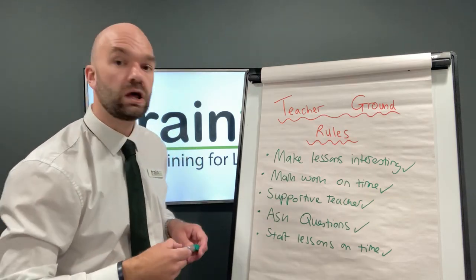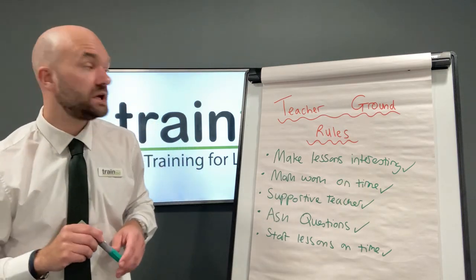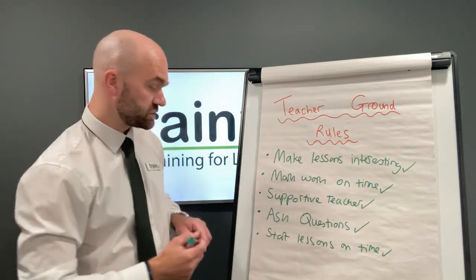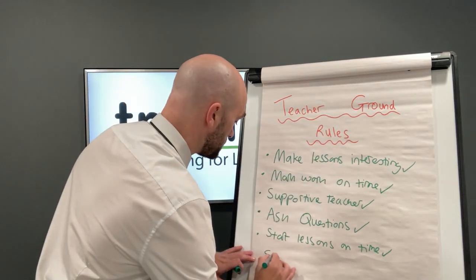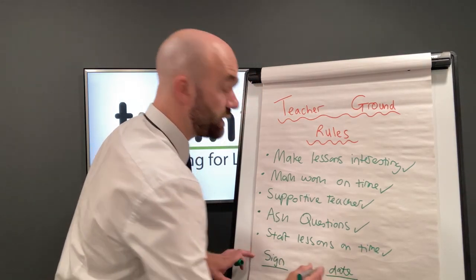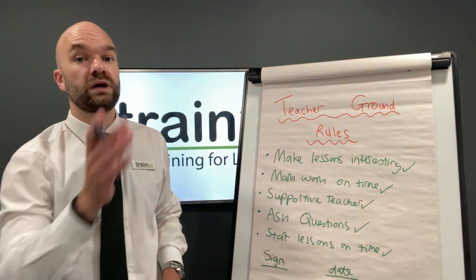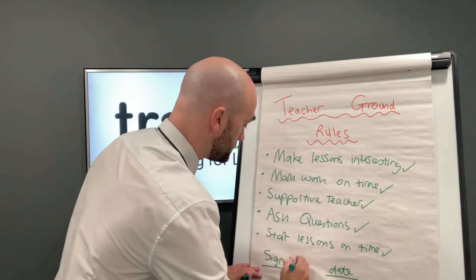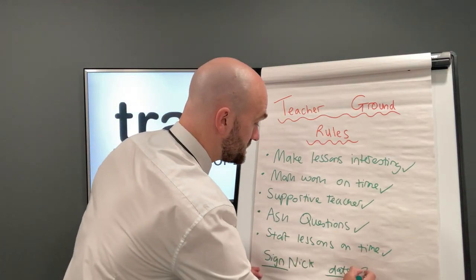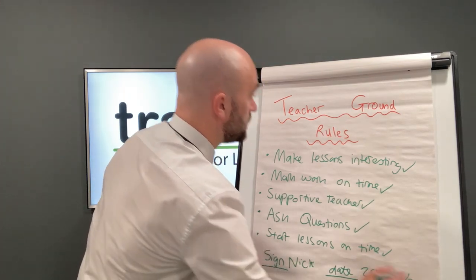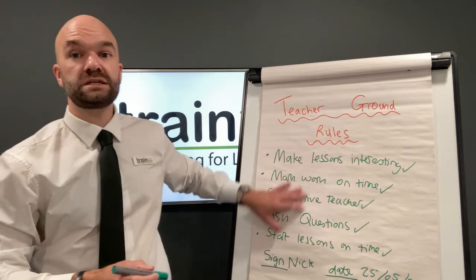And one thing that you need to do as a teacher when you come up with your teacher rules is you need to sign and date as well, okay? So we are going to practice what we preach. We have our ground rules, and I, the teacher, will need to sign and date as well. And therefore, these are my teacher ground rules.